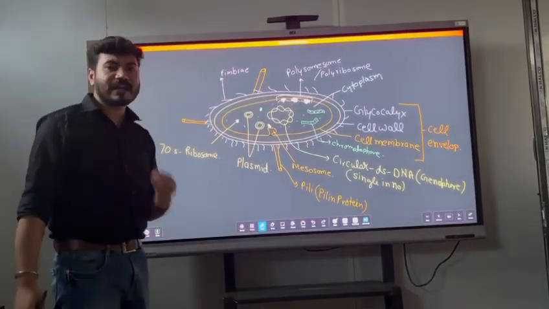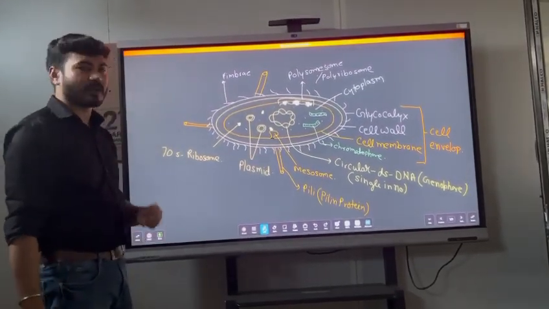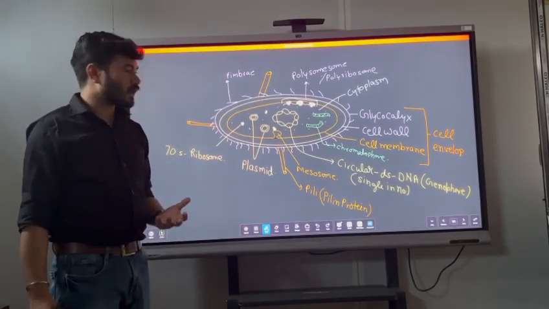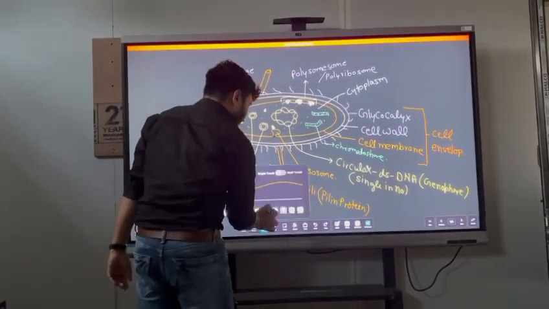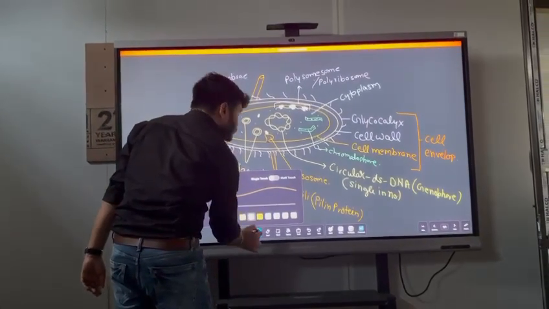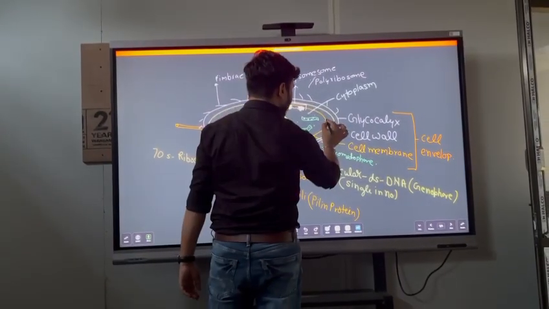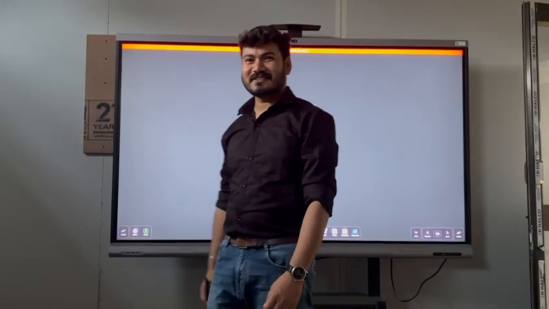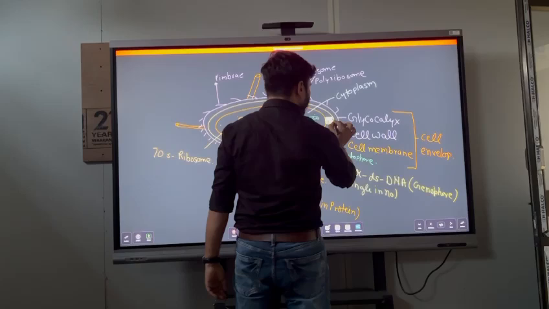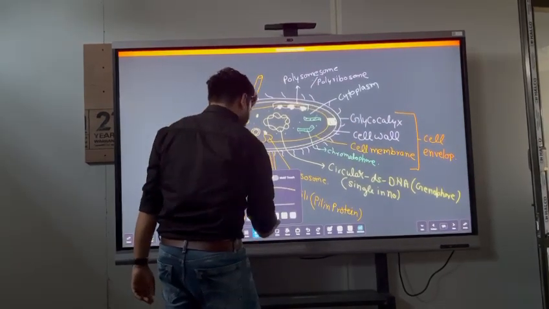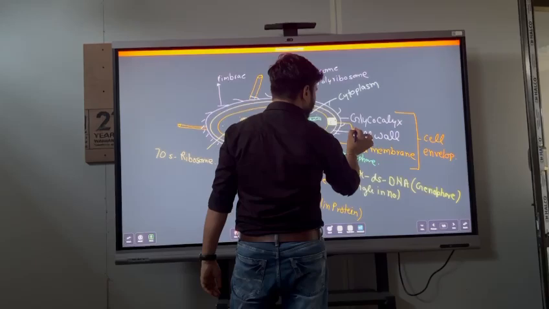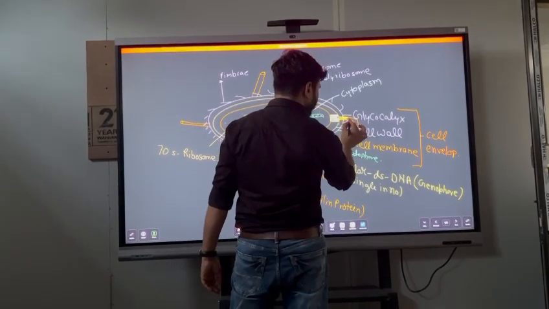Now, another very important surface structure helps in locomotion. I am going to mark it here. This is the flagella, and flagella have three main structures.